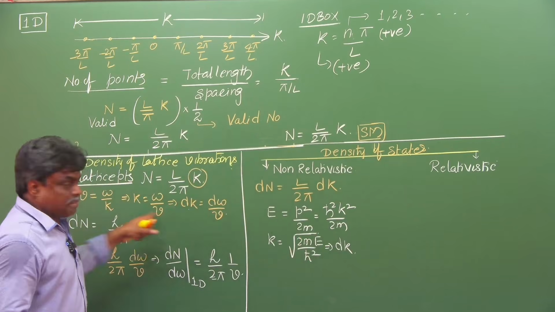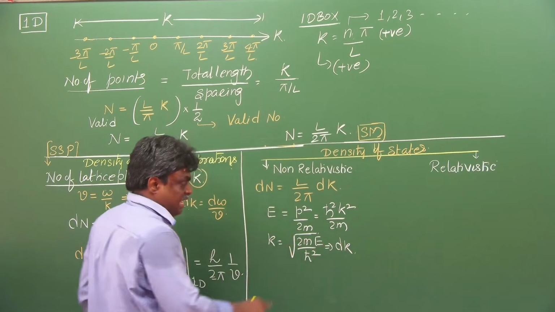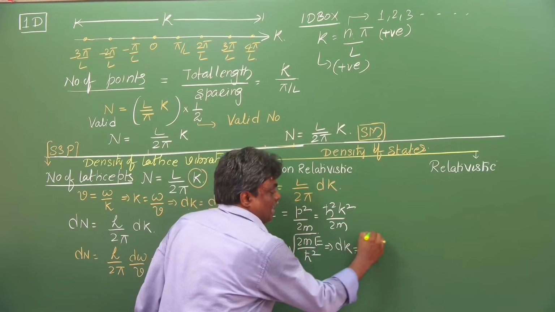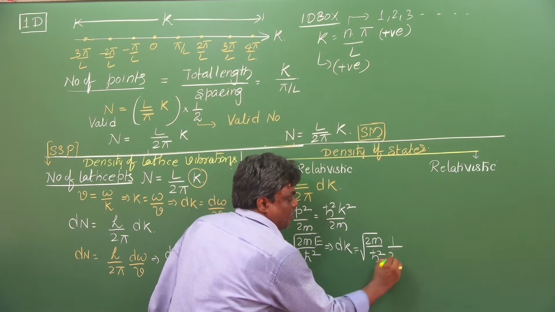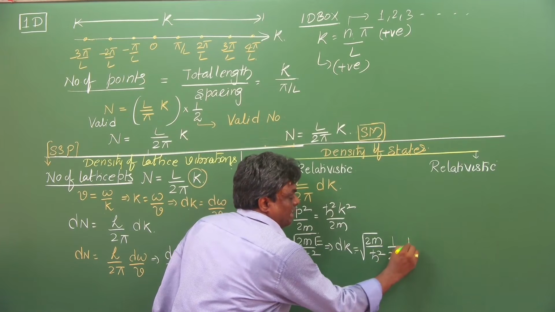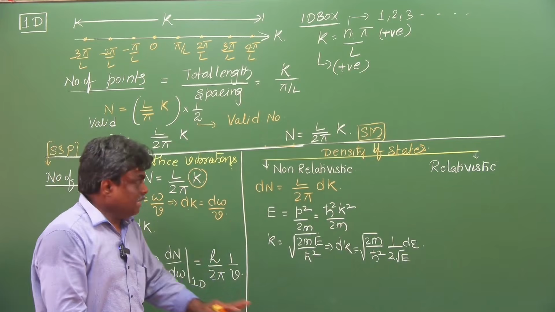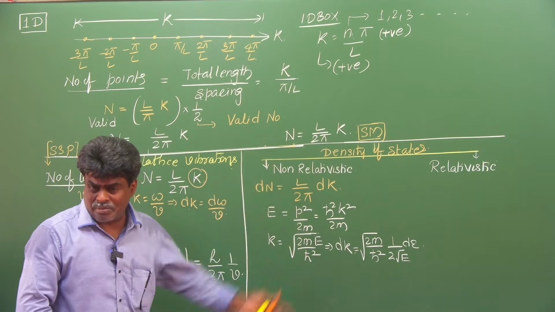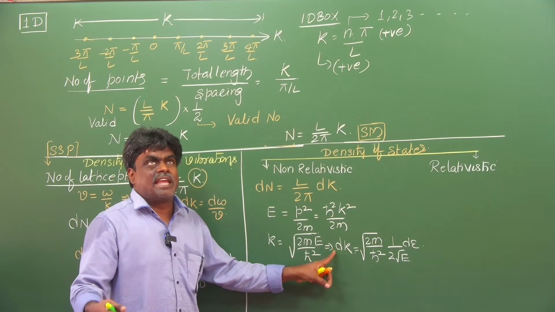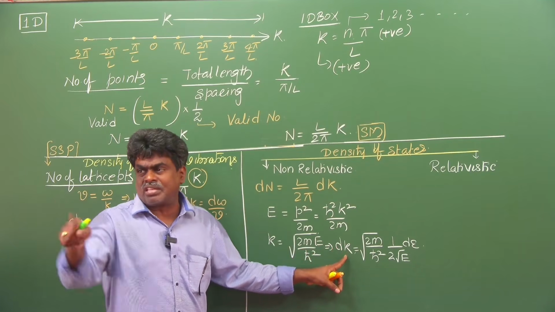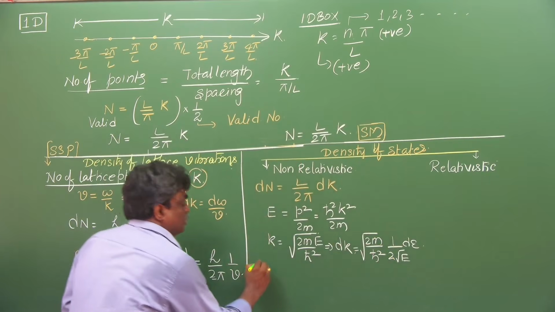Earlier this one, remember, in case of SM, please remember in terms of energy and k relation. dk equal to under root 2m by h cross square, 1 by 2 root e into de. It will continue for 2 dimension also, please remember. So k equal to under root 2m e by h cross, dk equal to under root 2m by h cross into 1 by 2 under root e de. Take it and substitute.